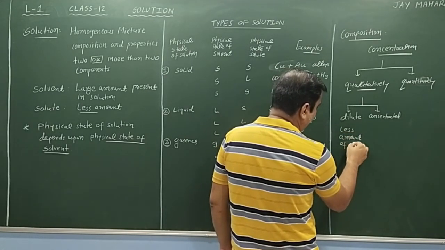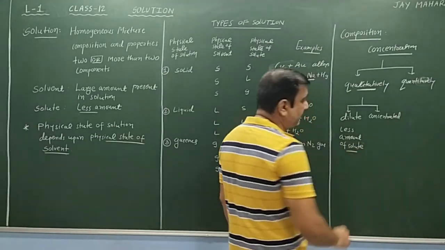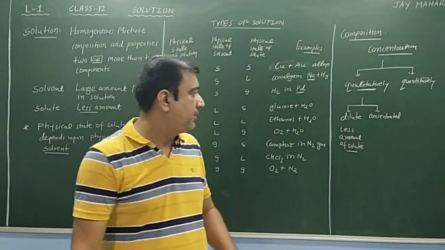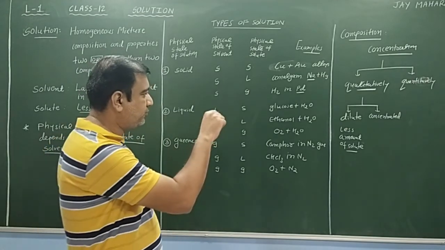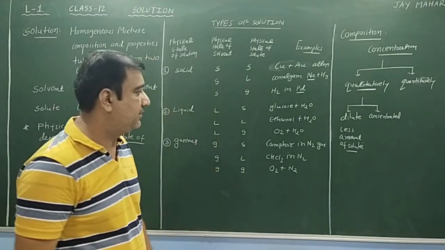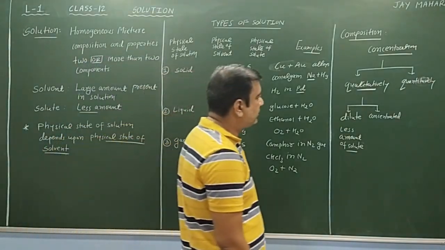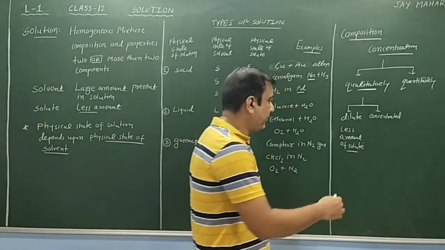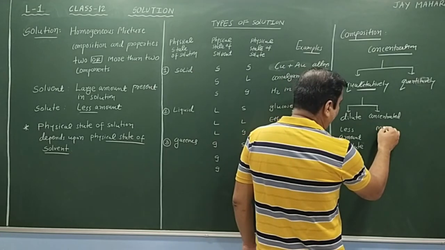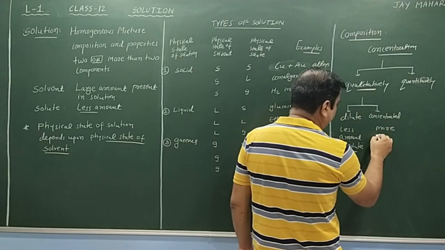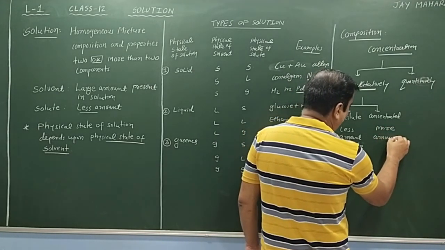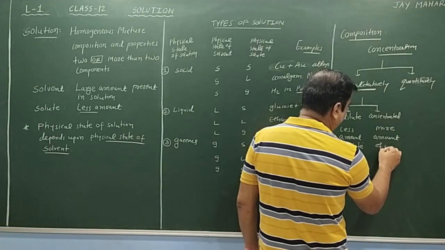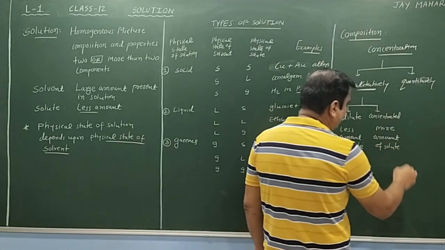That means solvent is more and the amount of solute dissolved is very less. Concentrated solution means the amount of solute is more, more amount of solute is dissolved.